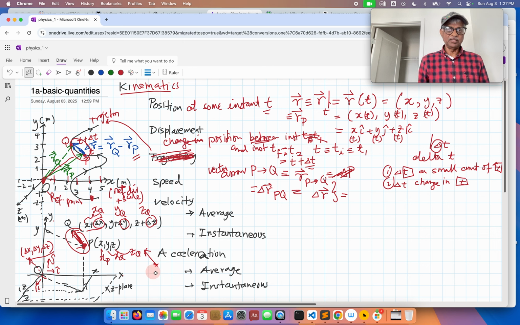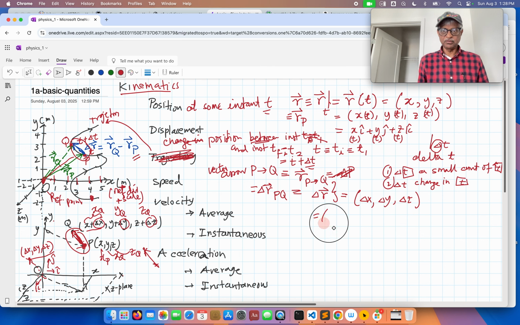If you look at the difference between this point and this point, the X, Y and Z will be just delta X, delta Y, delta Z. So another way to represent this vector is go delta X along the X, delta Y along the Y, delta Z along the Z. And how did I get that?